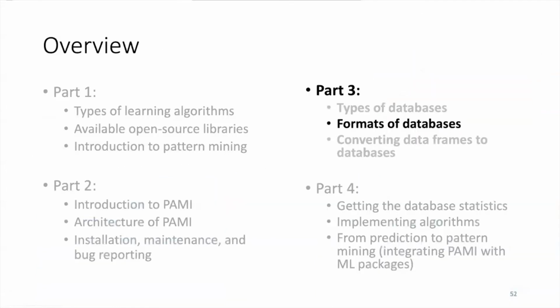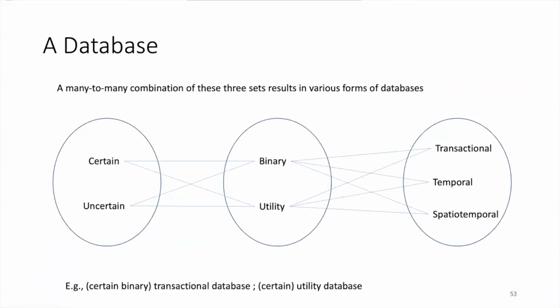So this is it. Now let's look at the formats of databases. When we are talking about the formats of a database, let us look at the types of items. We have said that items can be certain or uncertain. Items can be binary or utility or non-binary. Similarly, items can have frequency information, temporal information, and spatio-temporal information.